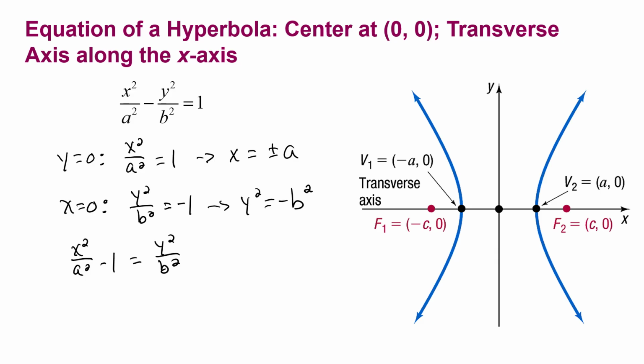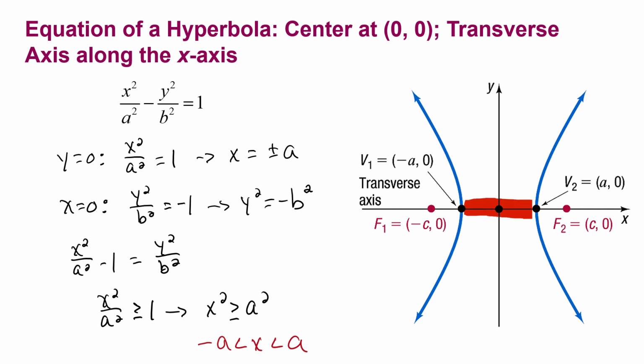So in order for y to be a real valued number, it must be true that x squared divided by a squared is greater than or equal to 1, or that x squared must be greater than or equal to a squared. So in other words, x cannot be between negative a and a if we want the y values to be real valued. So there are no points on the graph for x between negative a and a.